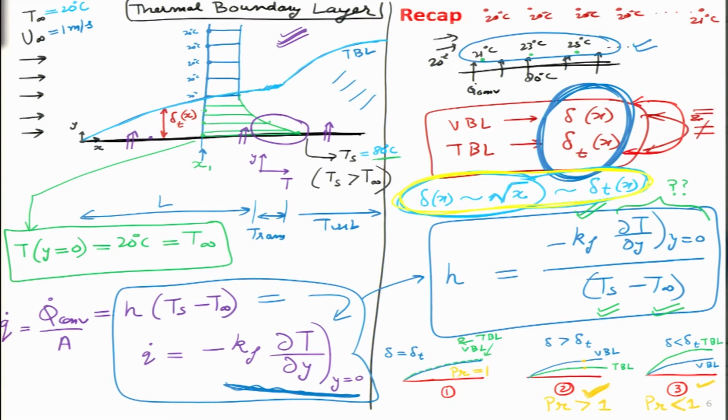Here the thickness we are denoting also as delta x, but with a subscript t, and over here we will also have certain questions. For instance, what is the thickness of this particular boundary layer, what is the value of H, what is the value of Nusselt number, how much is the overall heat transfer taking place from this hot plate to the air. So, all these things we have to figure out.